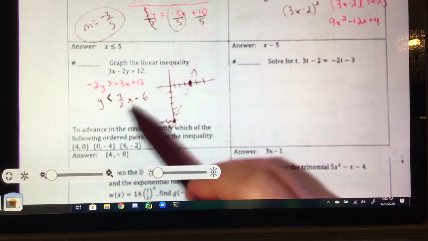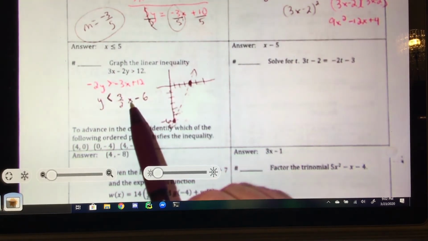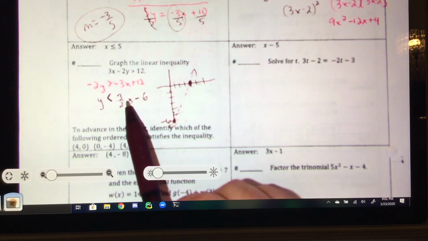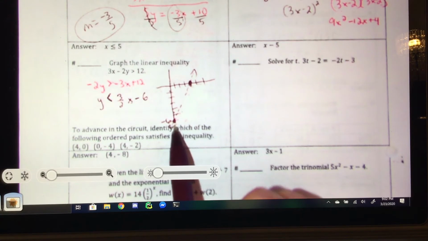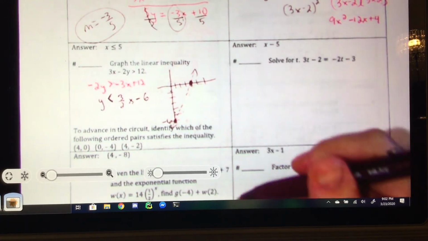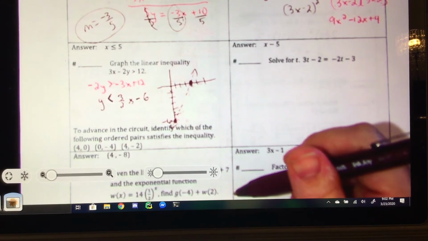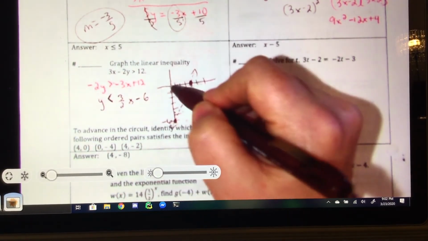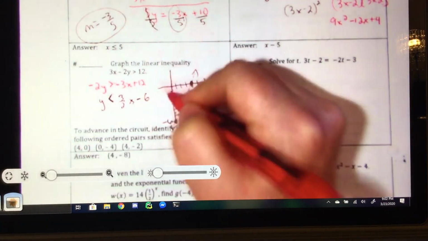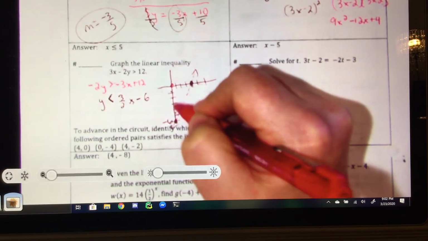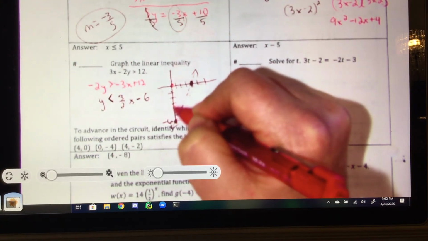So let's see. If x is 0 for this one, y's got to be less than negative 6. Yeah, maybe it is in this area. Okay. So, how did I get stuck here? Well, let's just go ahead and put the points. 4, 0 is here. 0, negative 4. 1, 2, 3, 4 is about right here.